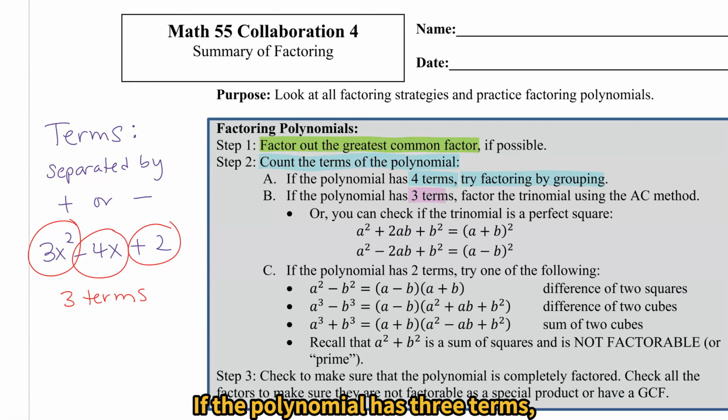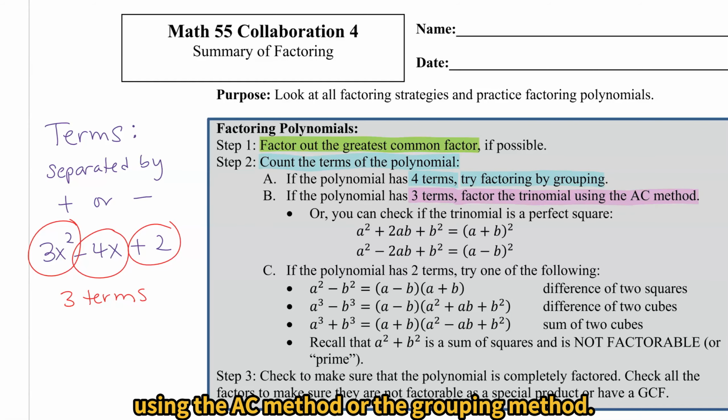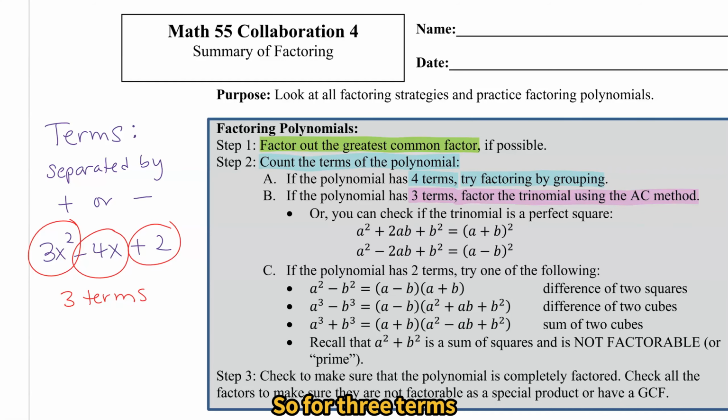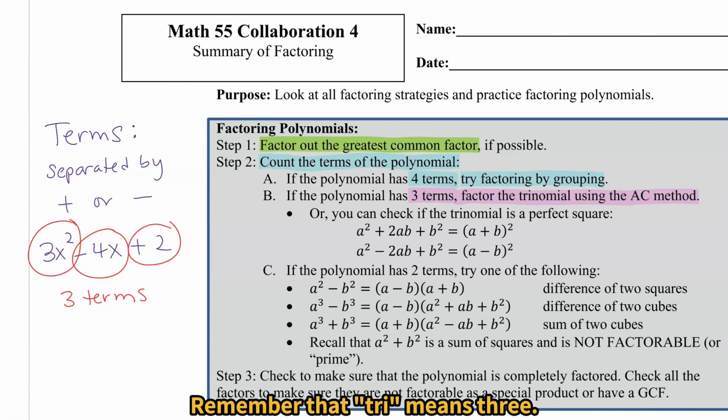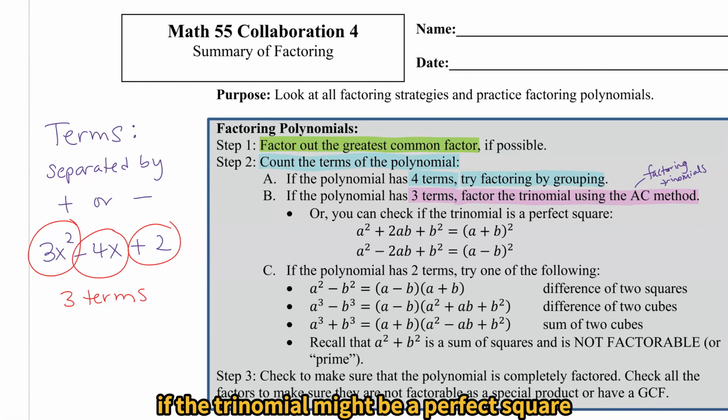If the polynomial has 3 terms, we're going to factor the trinomial using the AC method or the grouping method. So for 3 terms, we'll use the strategy for factoring trinomials. Remember that tri means 3. Or you can check to see if the trinomial might be a perfect square, as illustrated here.